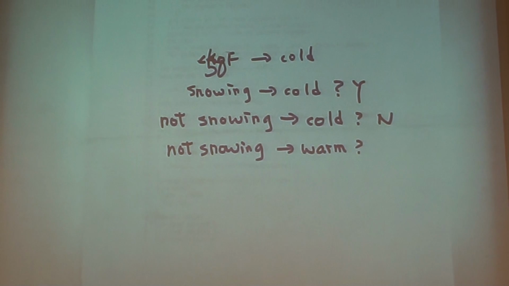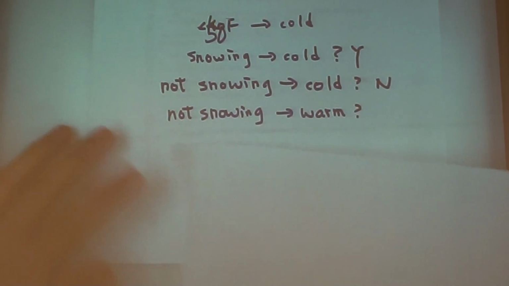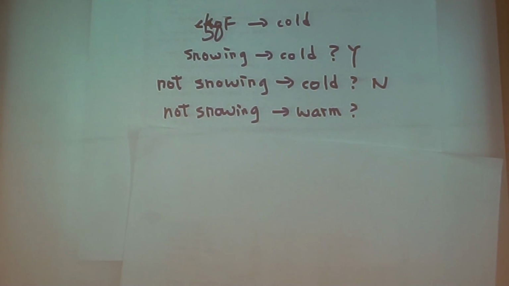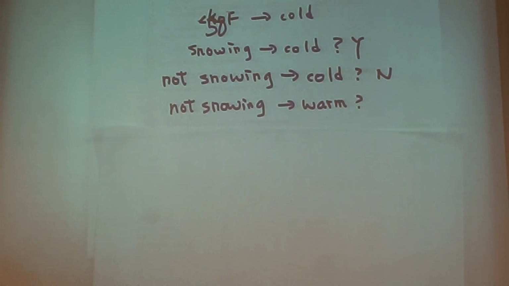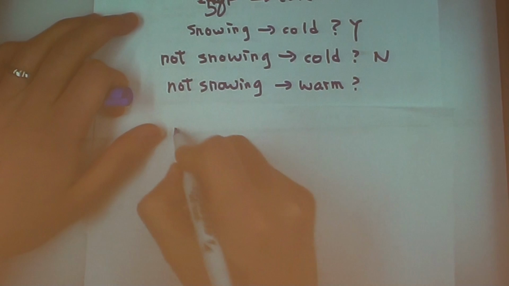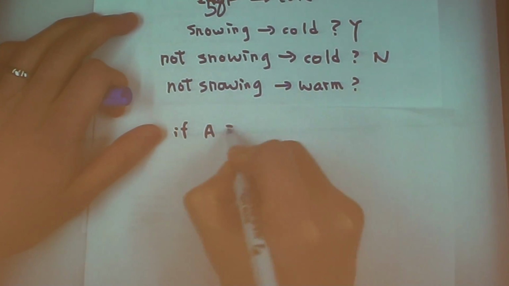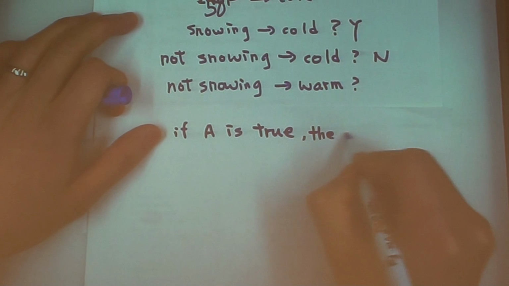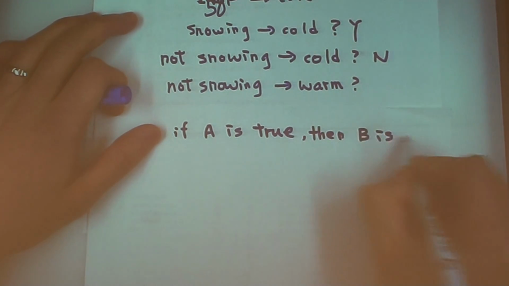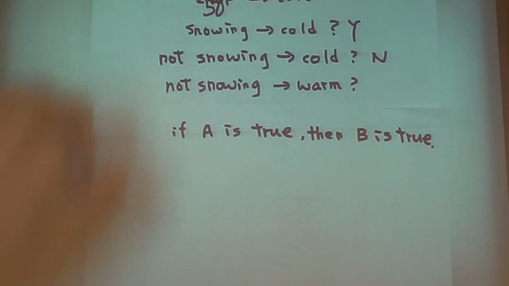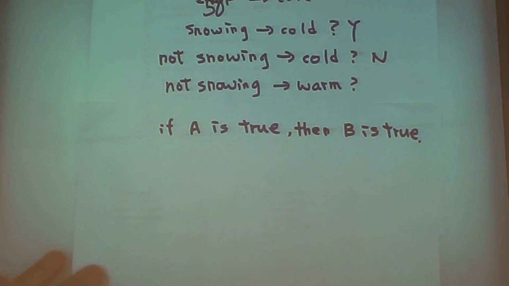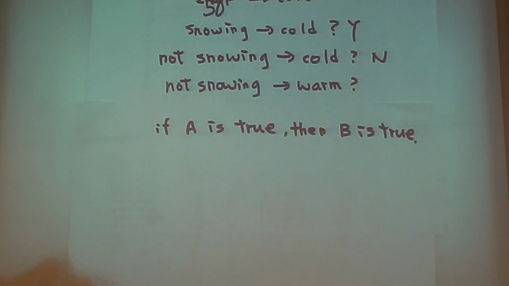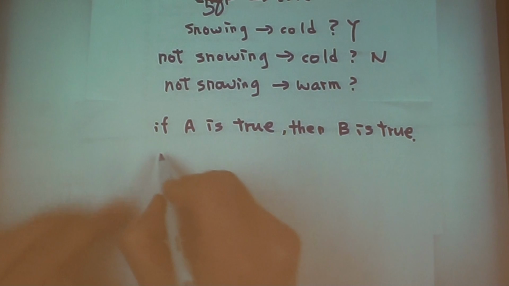You need to understand logic in this class, because computer programs operate based on logic, called the if statement. So if A is true, then B is true. Suppose we agree on this statement. Let me give you an example.